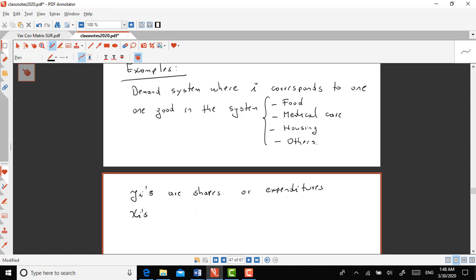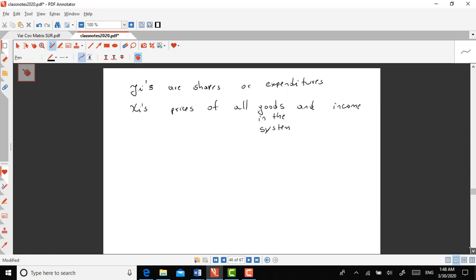Again, in the demand system, the xi's are going to include the prices of all goods in the system, and income. In terms of equation form, we're going to be writing a system.